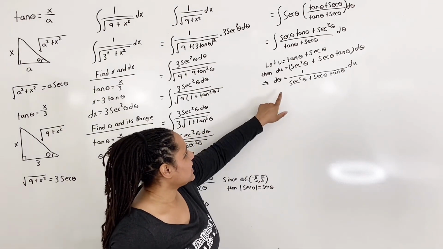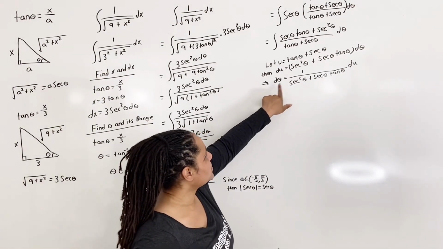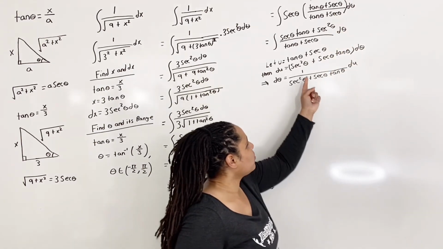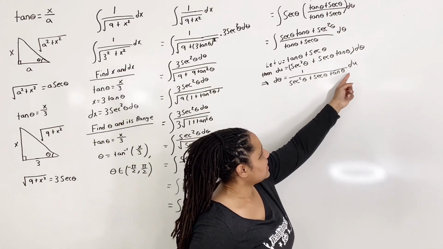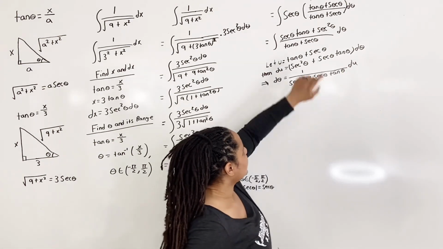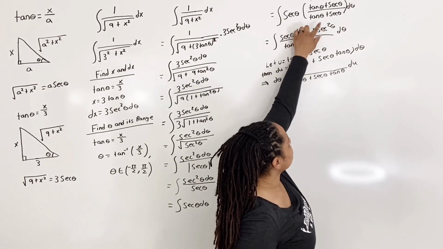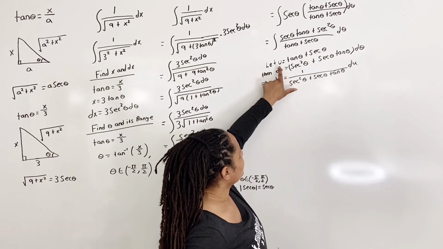So now I can simply substitute d theta for 1 over secant squared theta plus secant theta tan theta du, and I can replace tan theta plus secant theta with u.